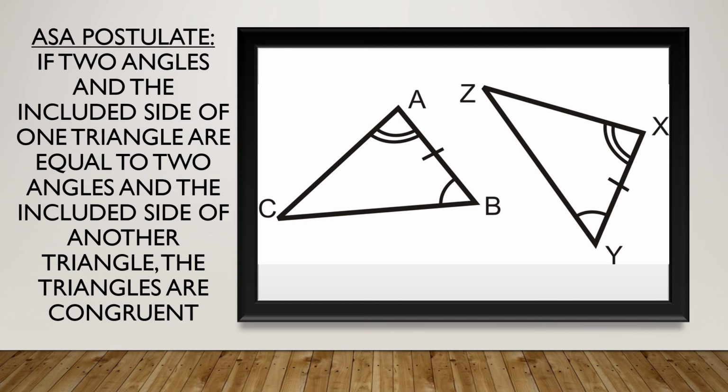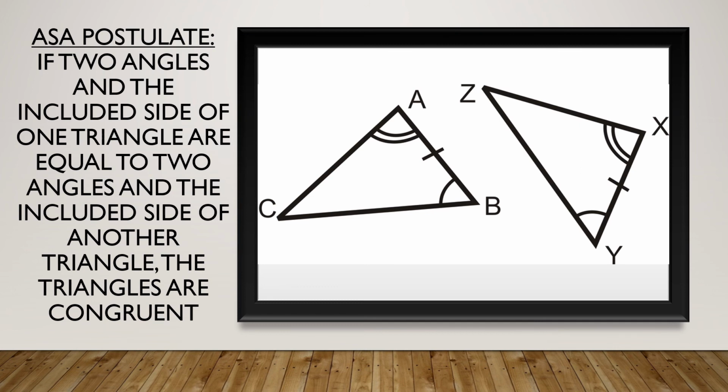And this postulate states that if two angles and the included side, meaning the side that's in between those two angles, are equal to 2 angles and the included side of another triangle, then these 2 triangles are congruent.